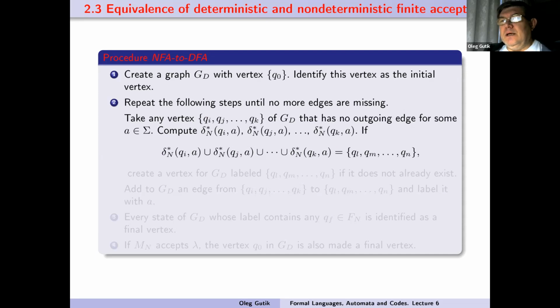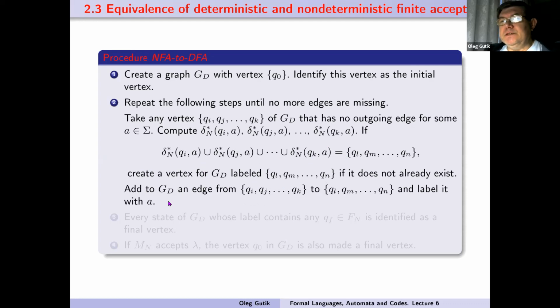If delta star n of Qi, a union delta star n of Qj, a, and so on, union delta star n of Qk, a is equal to {Ql, Qm, ..., Qn}, create a vertex for the graph GD labeled by this set of states {Ql, Qm, ..., Qn}, if it does not already exist.